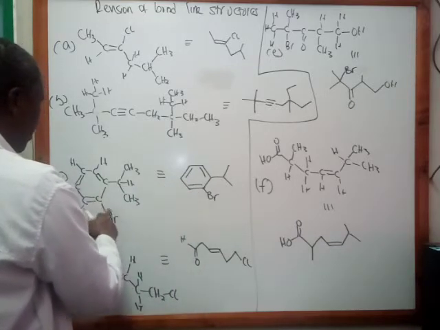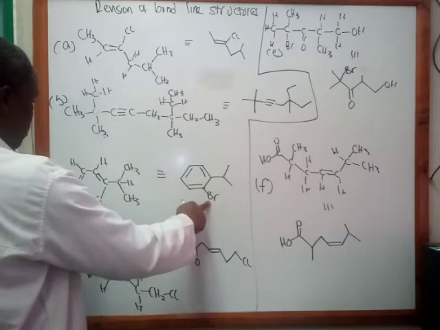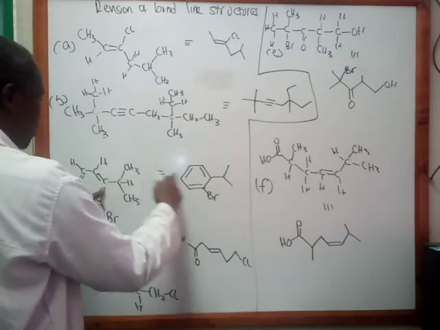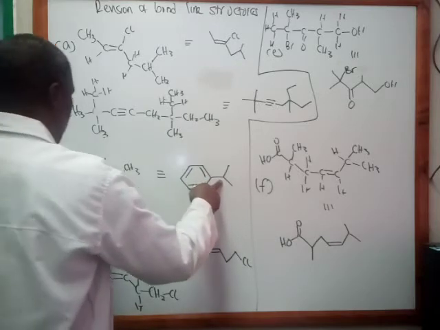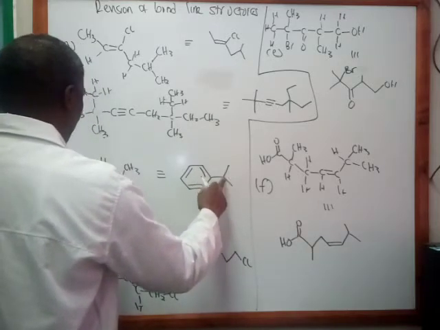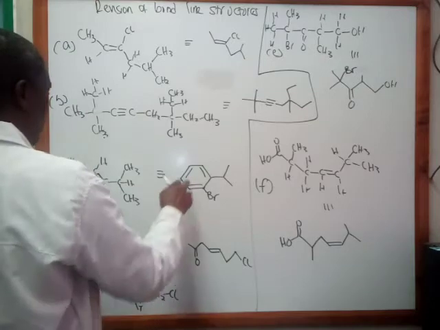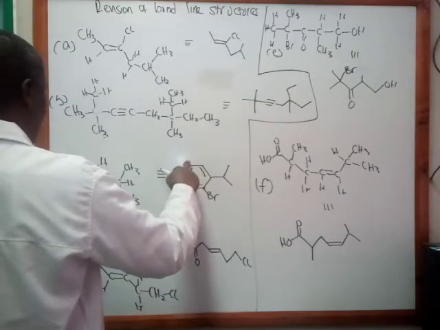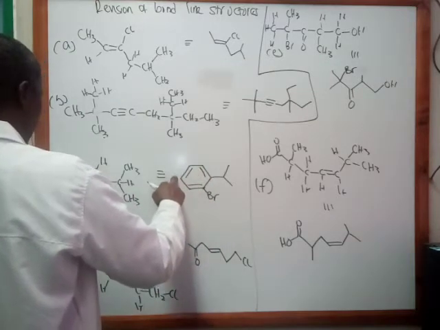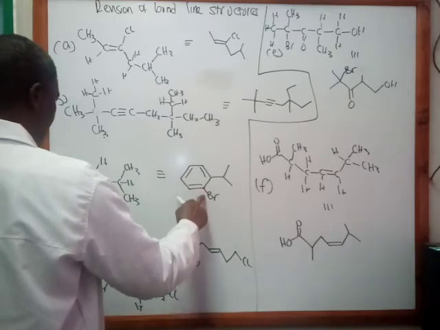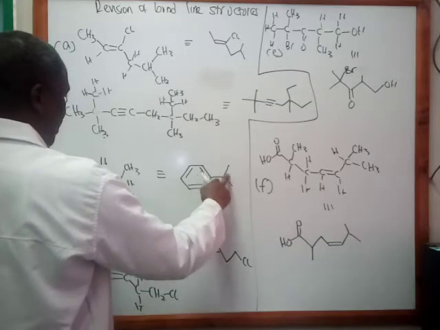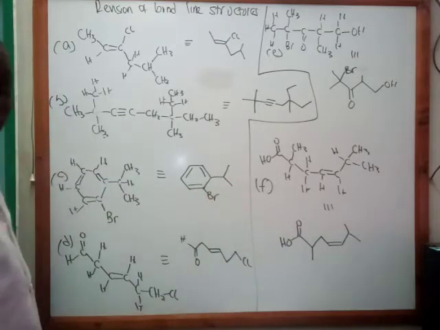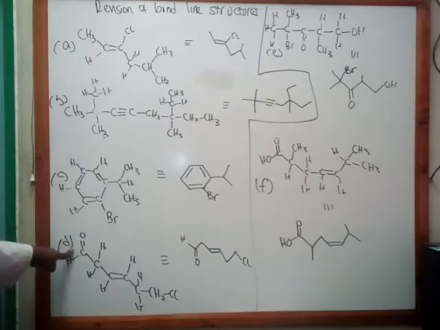This one has 1, 2, 3. The fourth bond has got the bromine. This carbon has got 1, 2, 3, and the fourth one is that bond which is protruding. There's a carbon with a hydrogen. This is 6 and 6. So that is that carbon, that is that carbon, this is that carbon, that is that carbon. This is the carbon with the bromine. Then there is the carbon here, CH. There's a CH3, and then there's a CH3. Are we together? Good. Structure D.